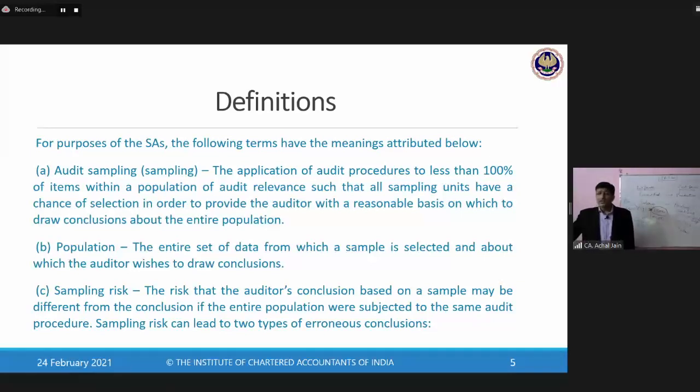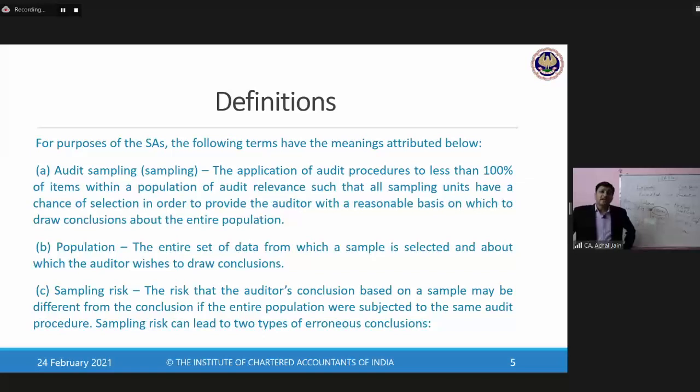Okay, this would be considered to be audit sampling. Or in simple terms, we can say picking up some samples out of the total population. And when those samples are picked up from the total population, those should be representative of the entire population. Clear?